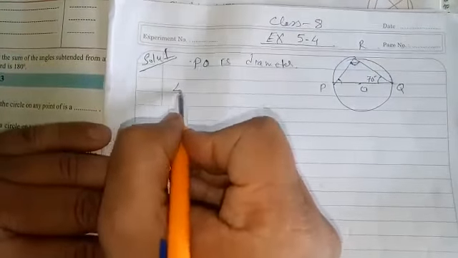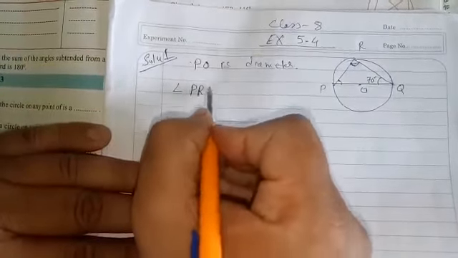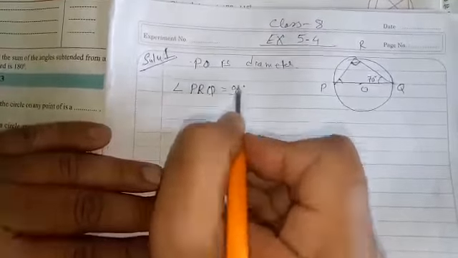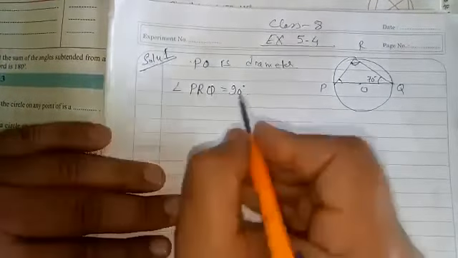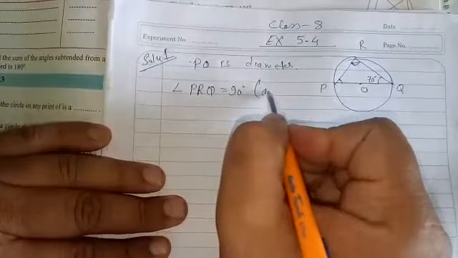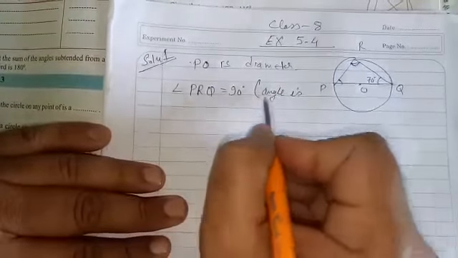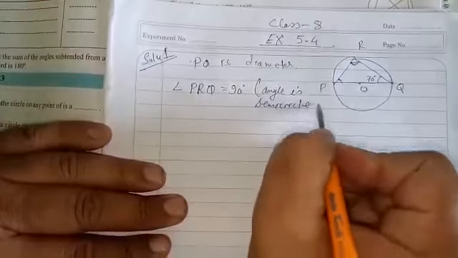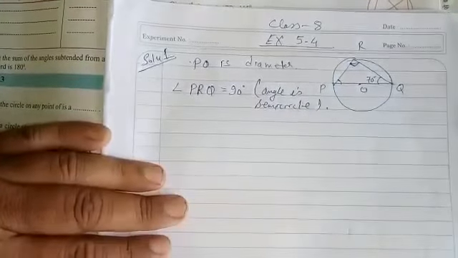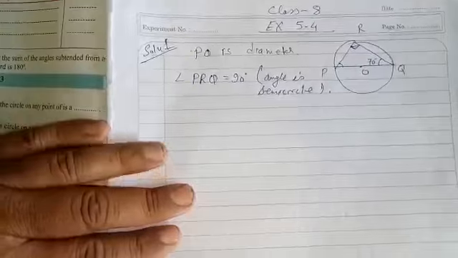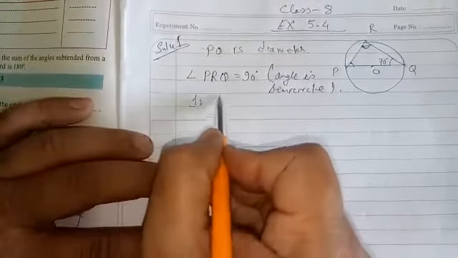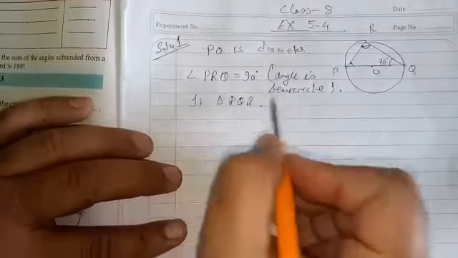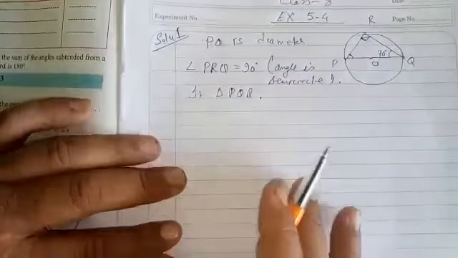So we can say angle PRQ equals 90 degrees. Reason: angle in semicircle. Now in which triangle? In triangle PQR. We are solving in triangle PQR.